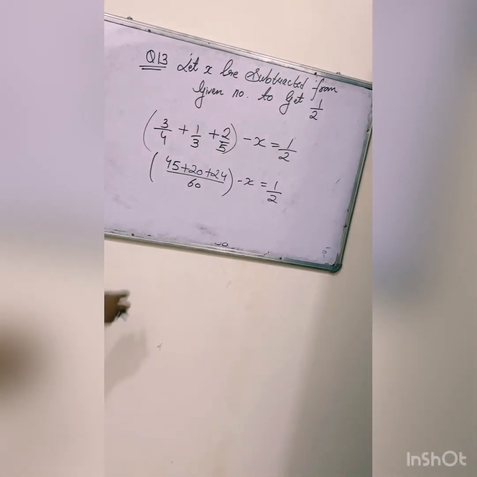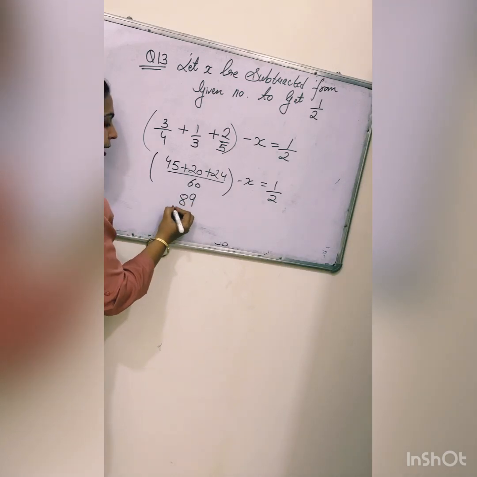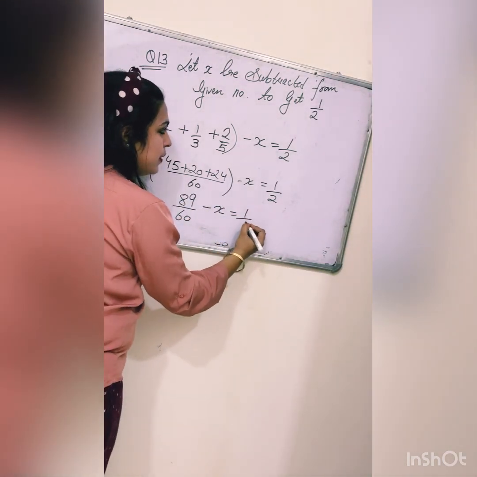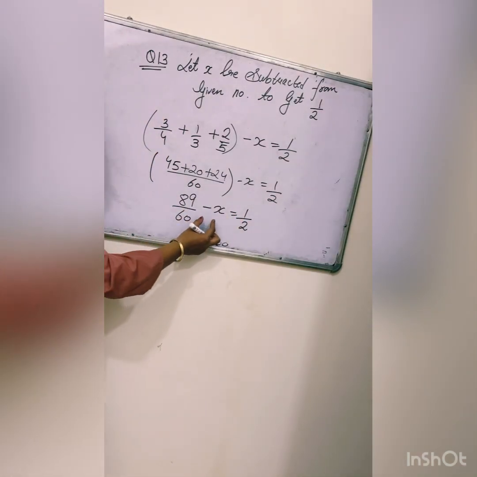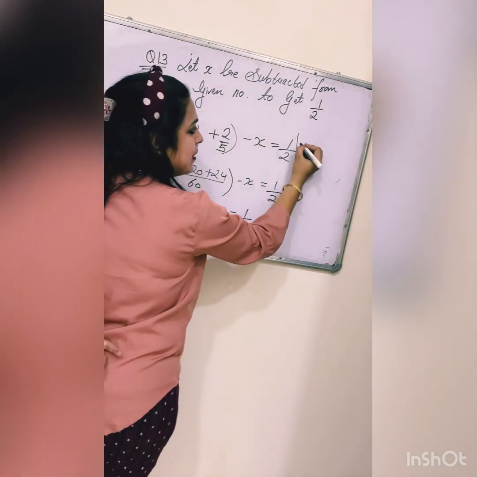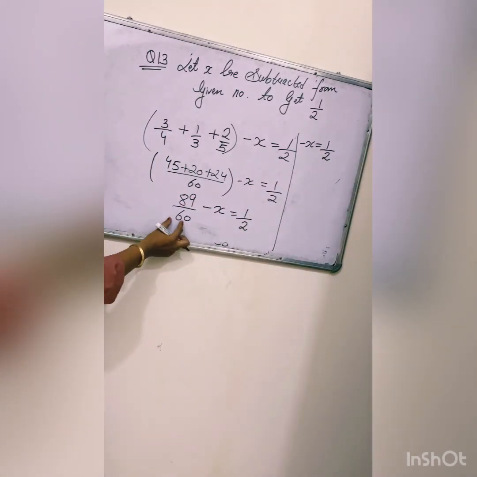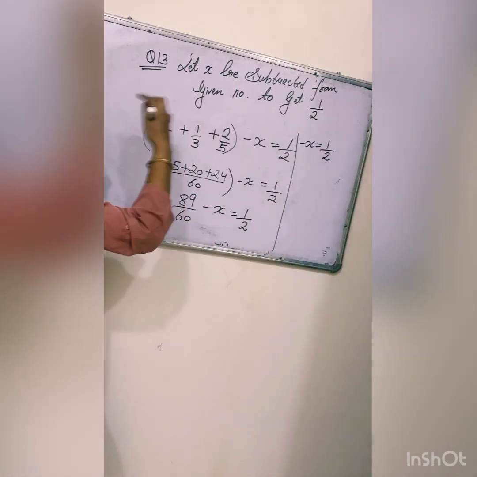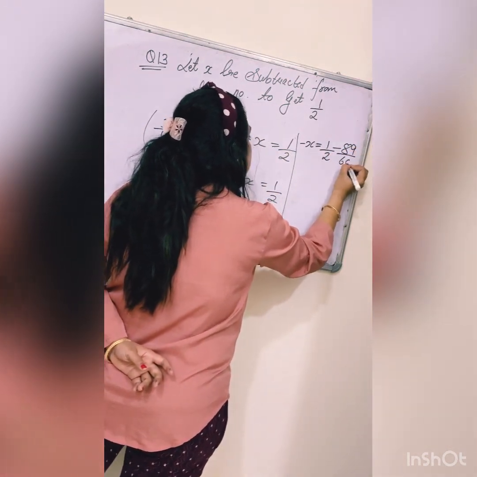Adding them we get 89/60 minus x is equal to 1/2. We have to find the value of x. So we'll keep the x here, minus x here, equals 1/2. Here it is plus, there is no sign with it, that means it is a plus sign, so going to the other side it will become minus.